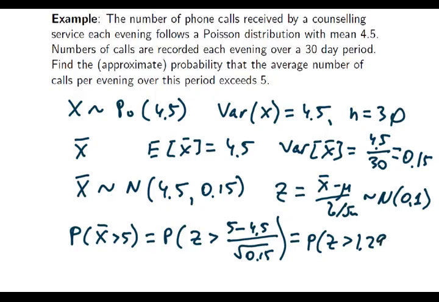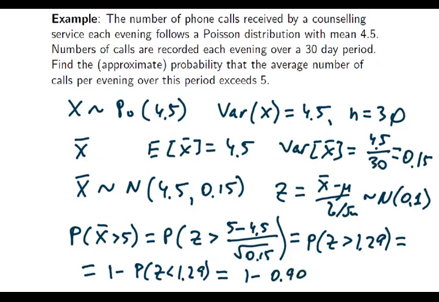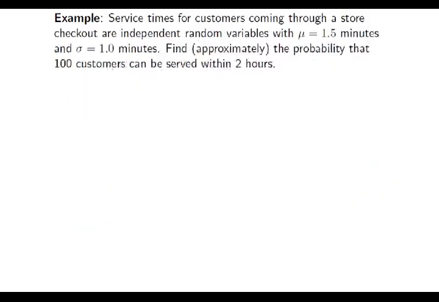You can check it. And this equals 1 minus the probability that z is less than this number. That probability, less than 1.29, can be found from a table for normal distribution, and it equals 0.9015, and the answer is 0.0985.